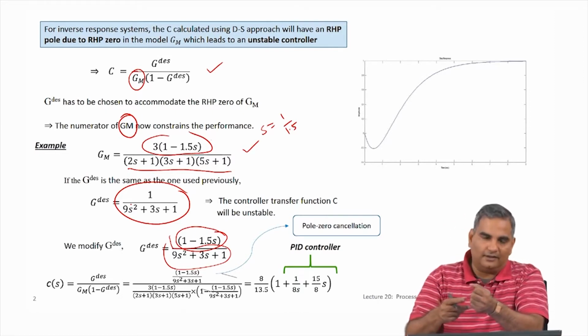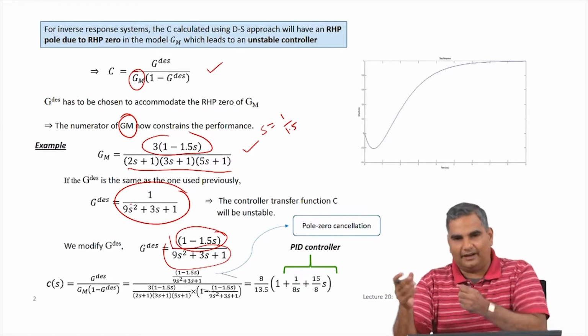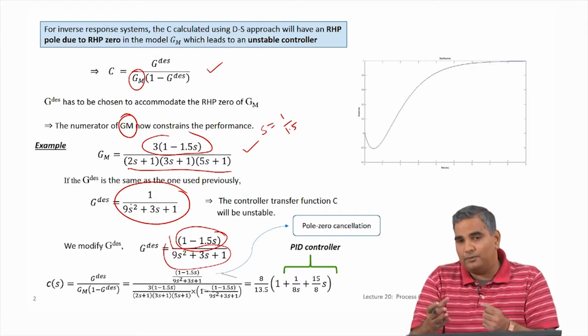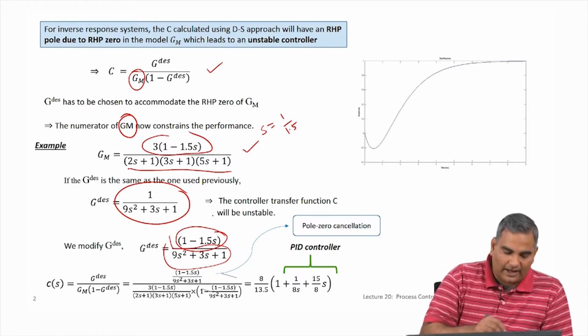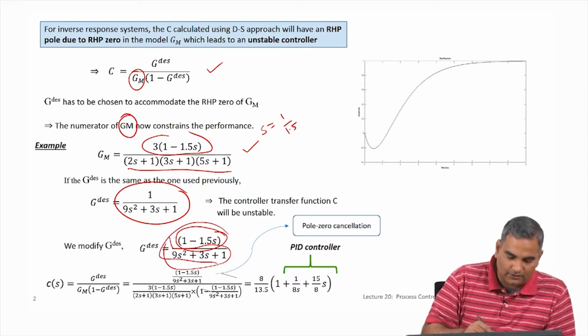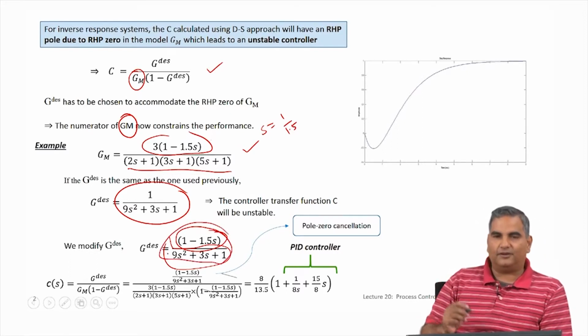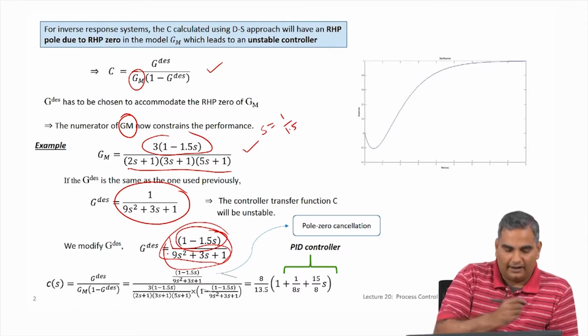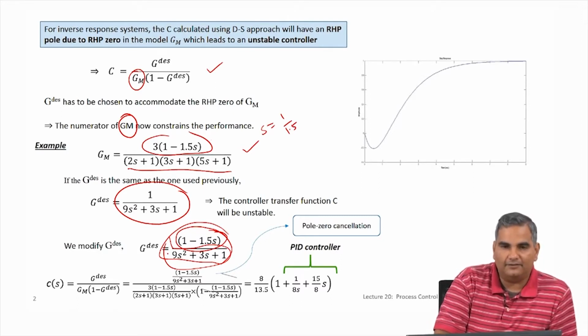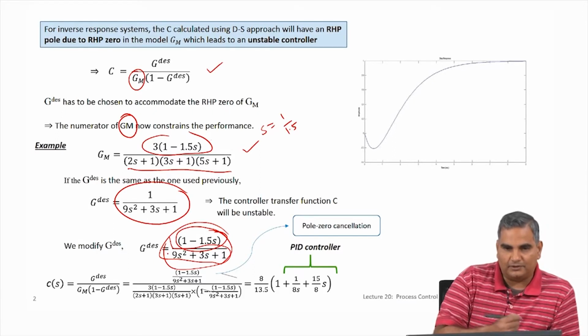The system will turn left for a bit and then start turning right. So, that means in the performance you couldn't stop the bike from turning left a little bit, and that we actually deliberately introduce ourselves in this G desired and then say okay, this is fine, because this is something that I am going to give up. And I am going to show you what happens when I give this up in terms of performance drop.